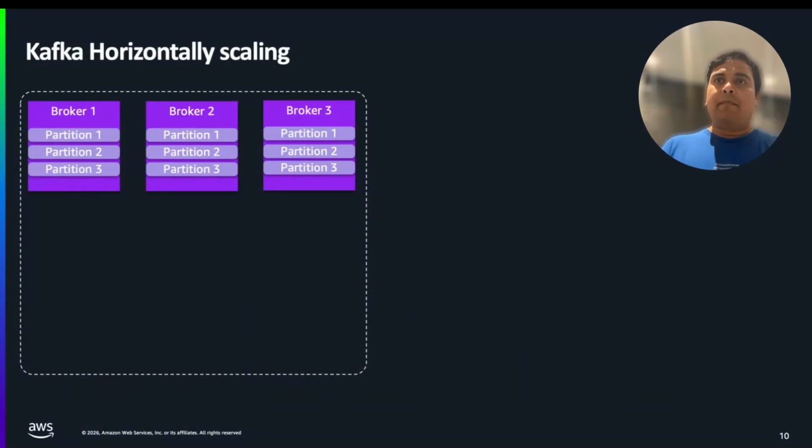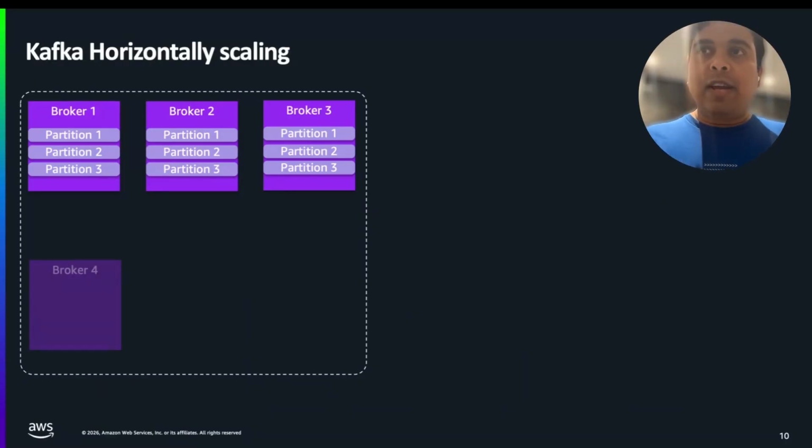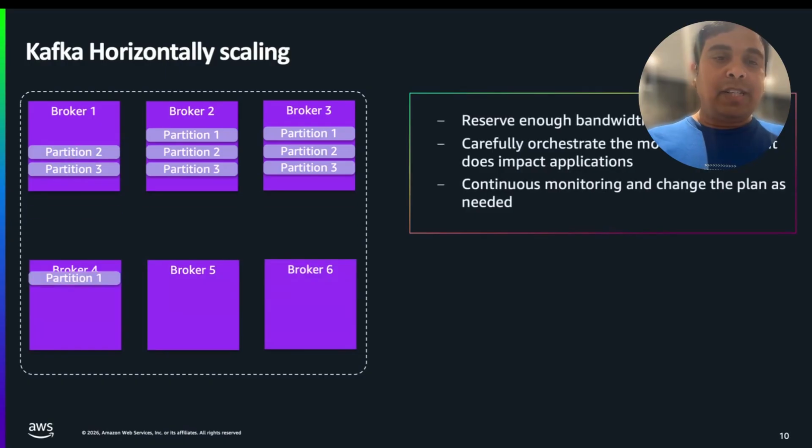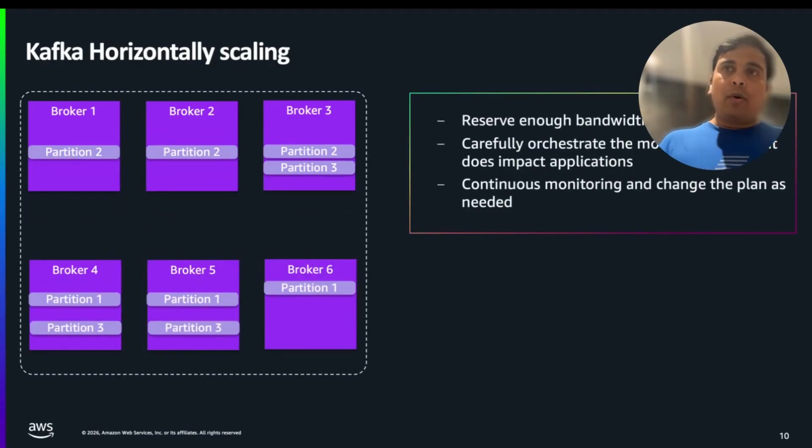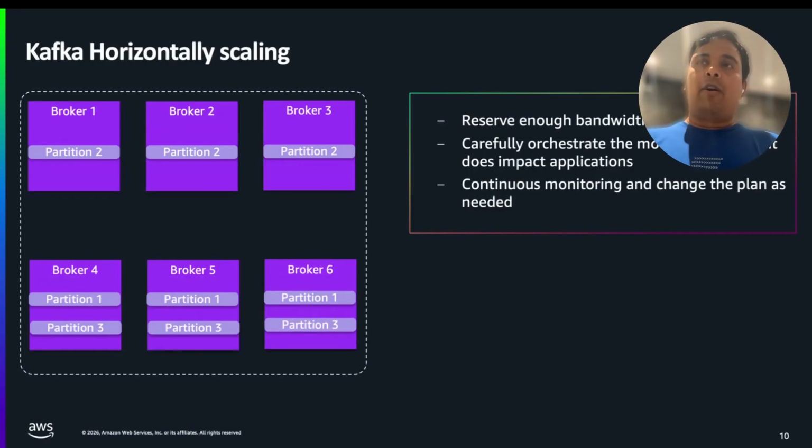Now let's talk about one of the biggest operational pain points with Kafka, horizontal scaling. Well, here we have a cluster with 3 brokers and each holding 3 partitions. So when you need to scale out to 6 brokers, these partitions need to be redistributed. Now, with standard broker, this needs to be carefully orchestrated. There are 3 things you need to manage.